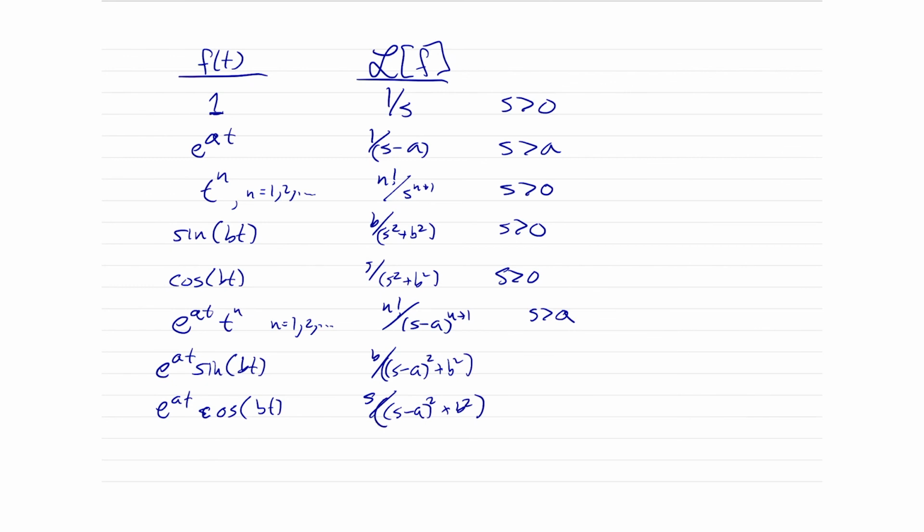And that's s minus a on the top. Let's fix that. So we get s minus a divided by s minus a squared plus b squared. And again, this whole table is in the book. And here again, s has to be bigger than a. Okay, so that's the table.